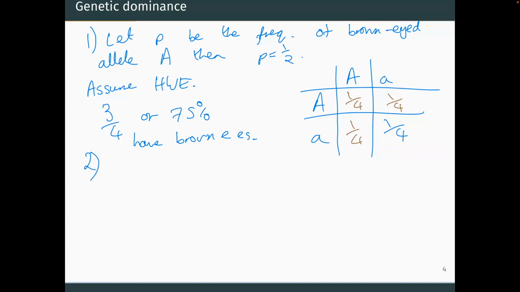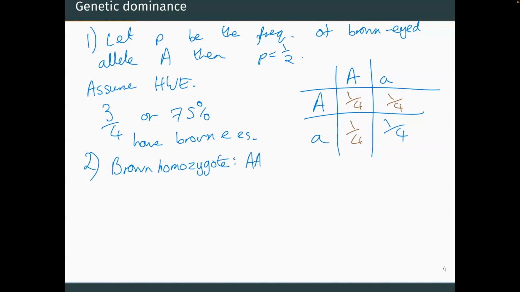So the other way of thinking about this is our brown heterozygotes. As Mark said, we're told that both of our parents have brown eyes, but we don't know if those parents are homozygous or heterozygous. All we're told is that they have brown eyes. So what we need to think about is, what's the frequency of our brown homozygote?